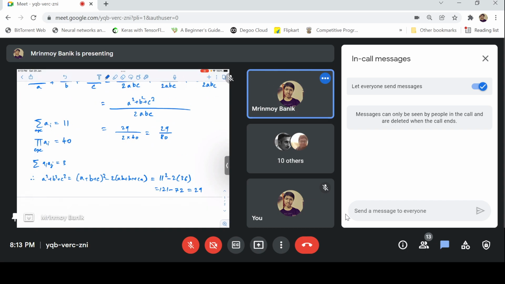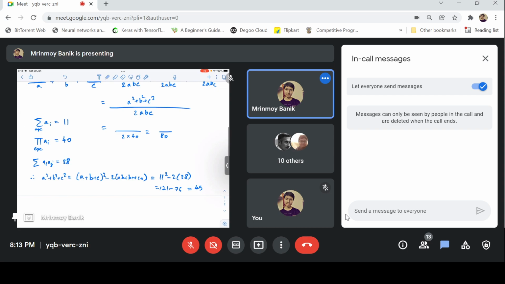So this is 76. And this is 45. So it's 9 by 60.